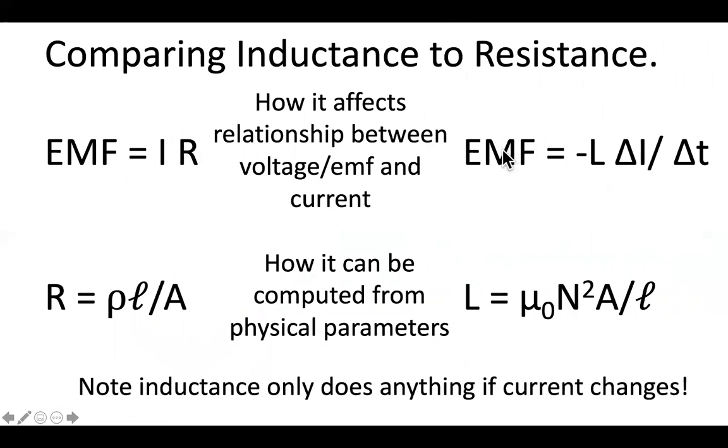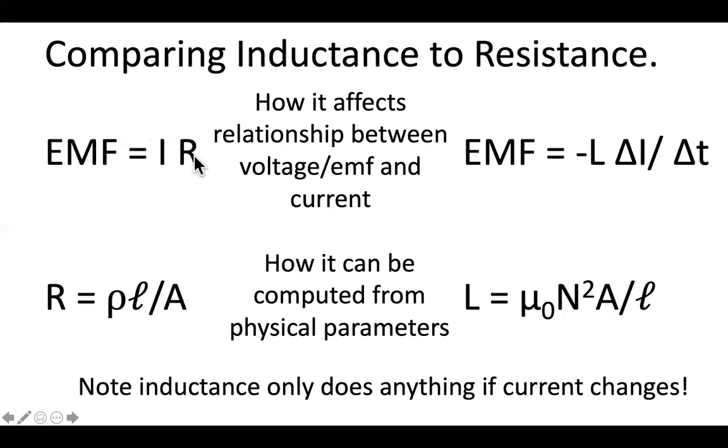This relation now doesn't connect the electromotive force or the voltage to the current, it relates it to changes in the current. But it's still a similar form. And this L is what relates the changes in the current to the EMF, just like how resistance relates the current to the EMF.